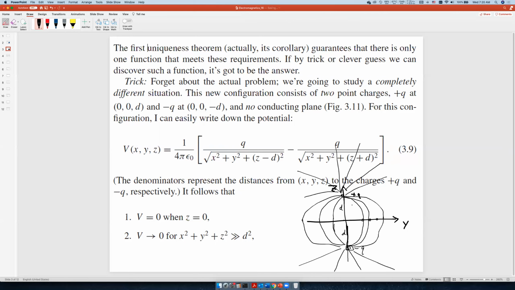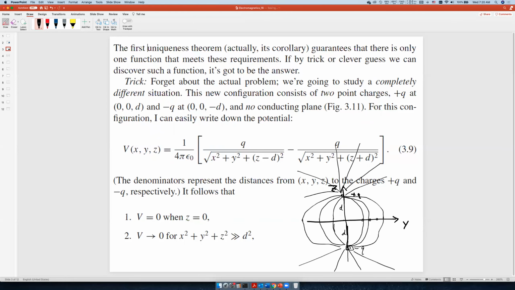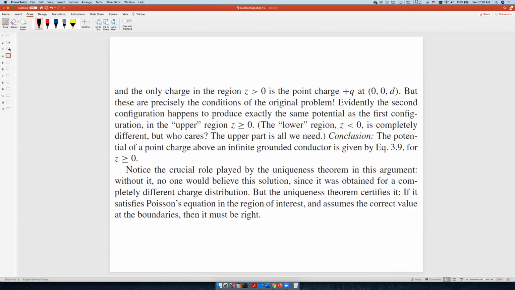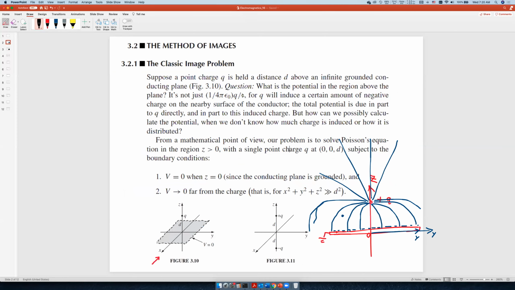If we look at the situation above the plane or above the y-axis, then the field line is exactly the same as in this situation. And the boundary condition is also the same, and the charge distribution above the plane is exactly the same. So based on the uniqueness theorem, you should have the same solution in the upper space in this situation compared to the previous situation.